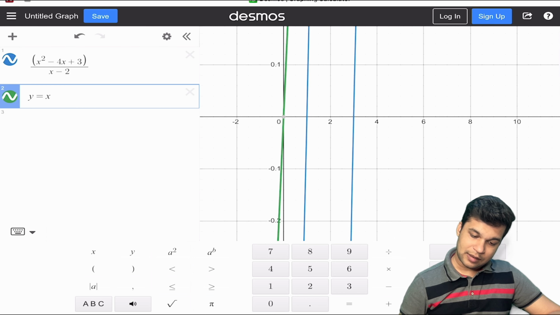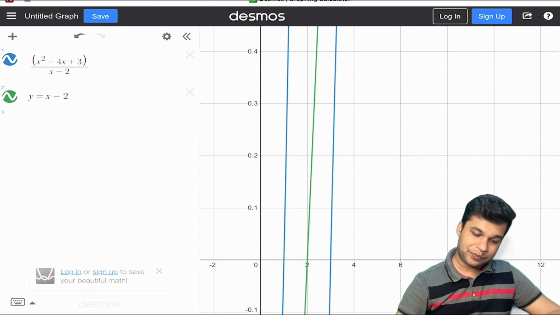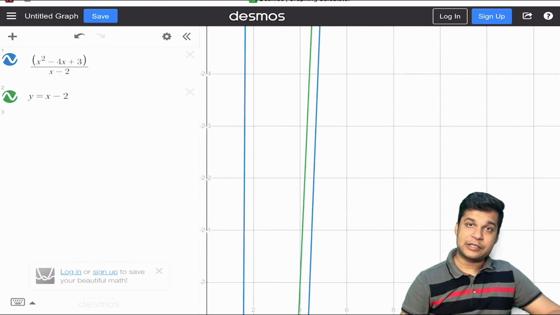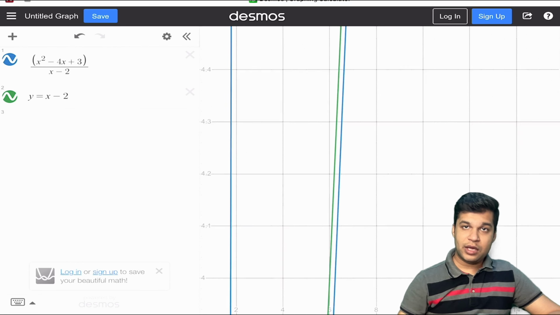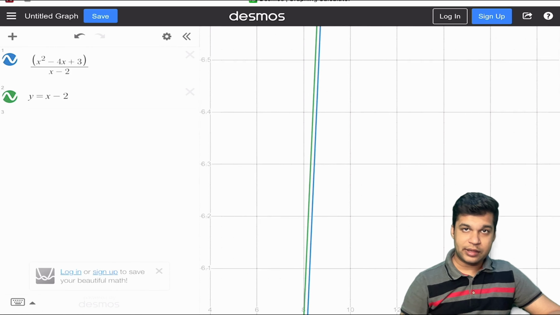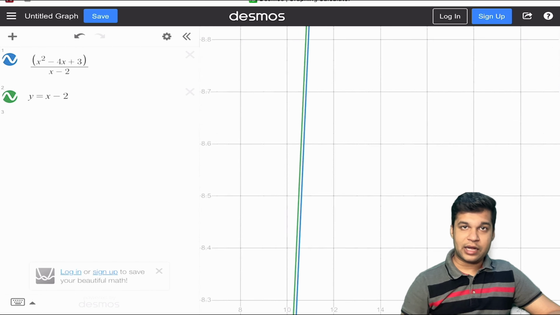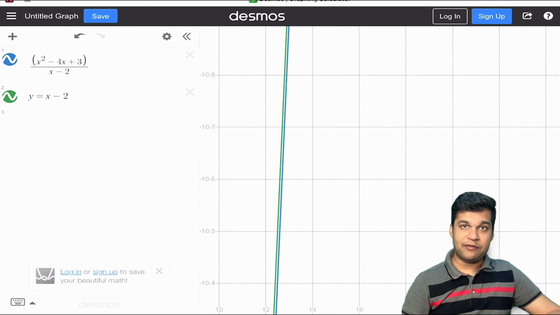If you observe, as we go up, the green line is trying to touch the blue line. They're coming closer and closer. They're coming very close, but I don't think they will ever meet.